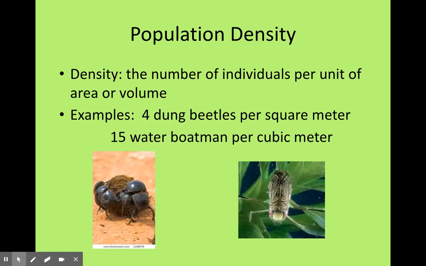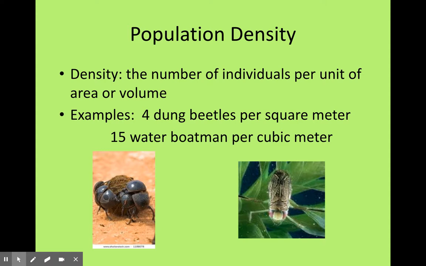Then we have population density, and that's the number of individuals per unit of area or volume. Typically, when we're talking about volume, we'll talk about if something is in an aquatic environment, and area is normally for terrestrial environments.